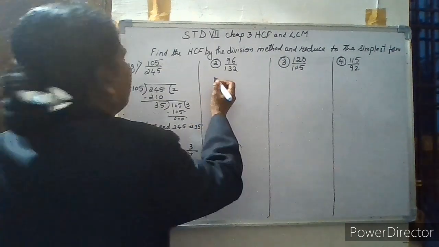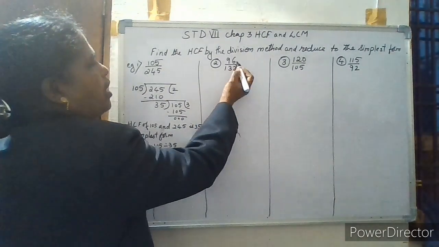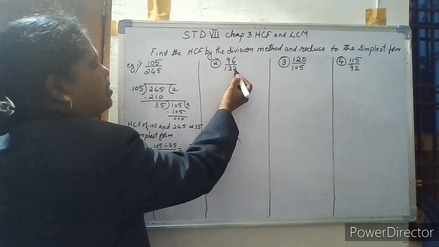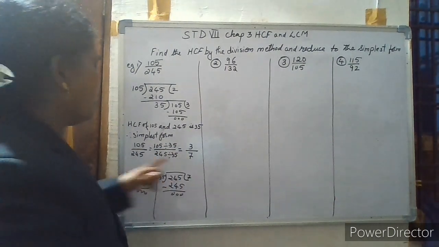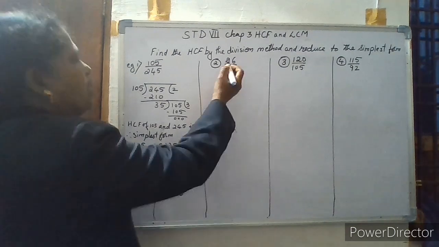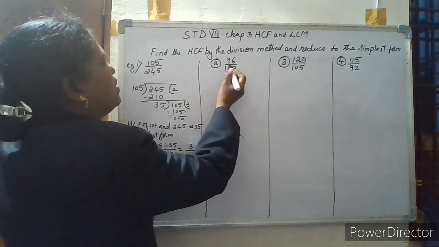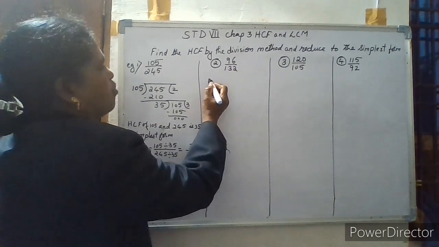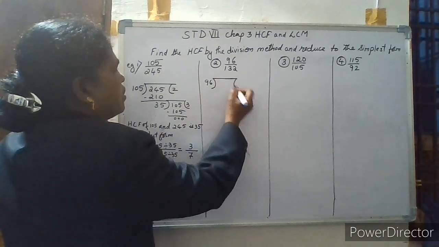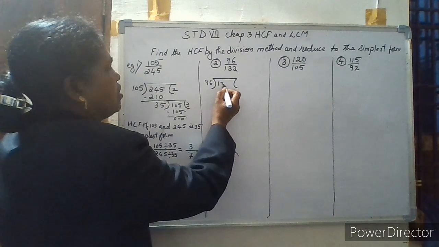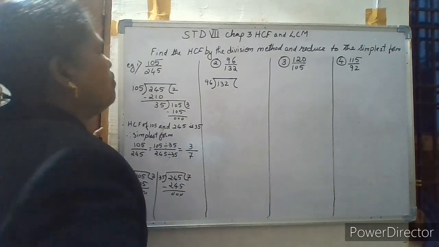Next example. So again here 96 upon 132 you have to bring to the simplest form in this way. Now let us find out the HCF of these two numbers. So 96 is the smaller number, right? It becomes the divisor. 132 is the dividend.